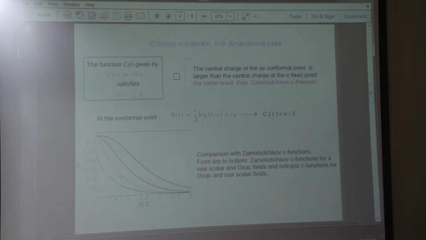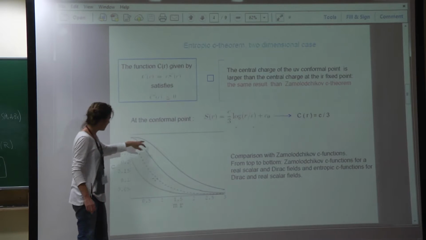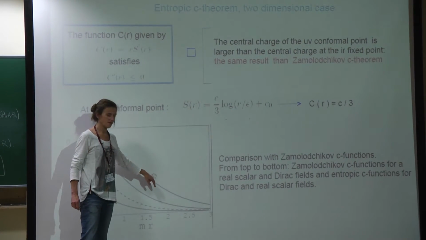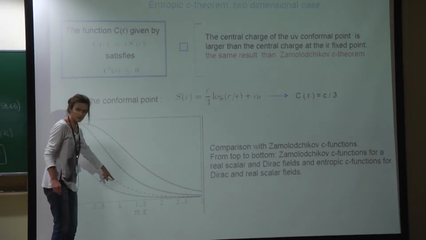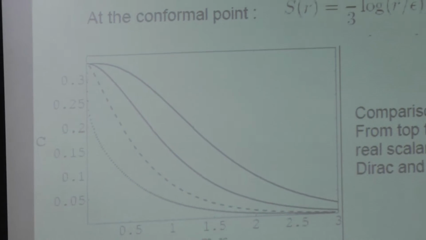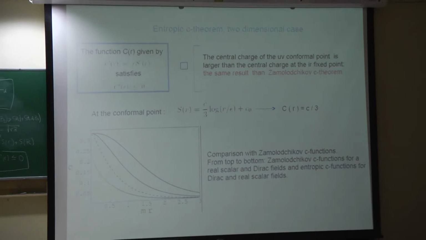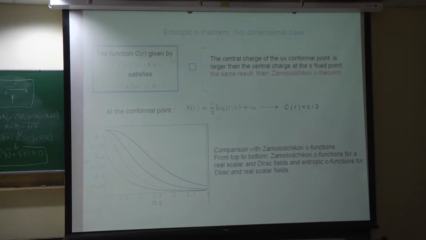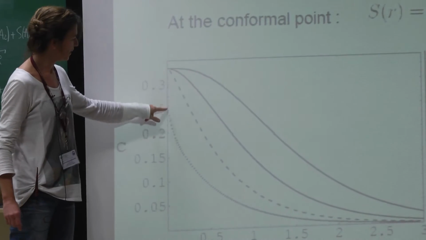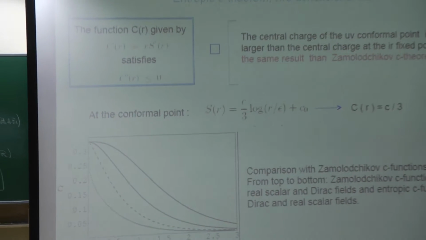But what is interesting is that in the Zamolodchikov case, the scalar is bigger than the fermion, and in the entropic case, the fermion C function is always bigger than the scalar C function. This slope is also sharply going to 0, is that right for all of them? Well, for the scalar, you have here some problems. Yes, it's very deep in there.